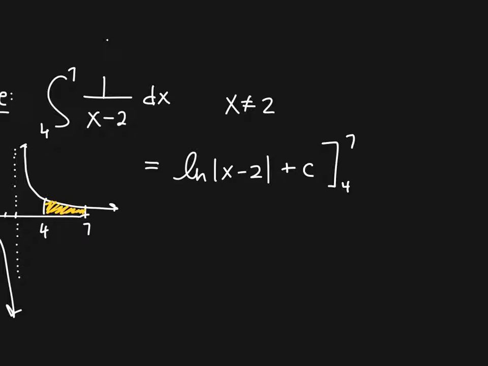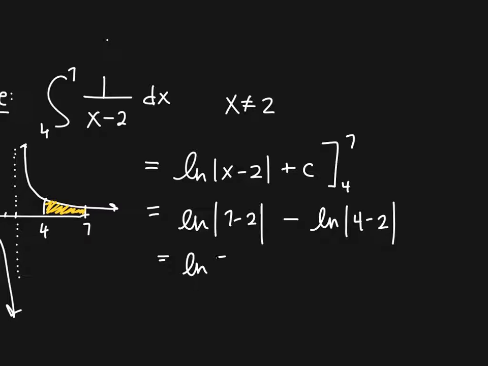Okay, once is all it takes, but at least once. So from this point on, I would say the natural log of the absolute value of 7 minus 2, minus the natural log of the absolute value of 4 minus 2, which is the natural log of 5.